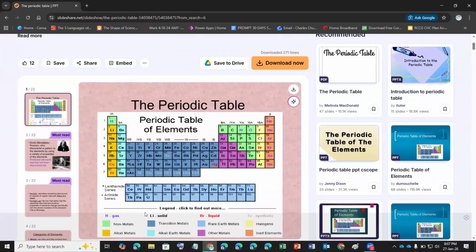I like this particular periodic table because it's well annotated with colors, and those colors help you see the elements that are similar in behavior. You can see those blue ones in the middle, the sky blue ones, not the ones that look like cyan.